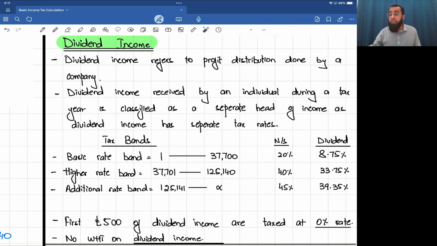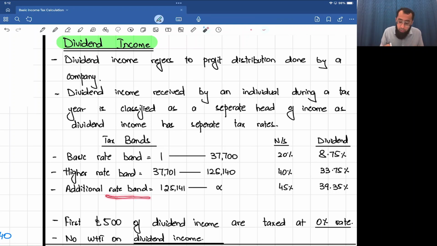Now, when we talk about the tax rates, in the basic rate band, 1 till 37,700, the tax rate of non-saving income is 20%. But for the dividend income, this tax rate is 8.75%, a different and lesser tax rate. Higher rate band, 37,701 to 125,140: non-saving income is taxed at 40%, but dividend income is taxed at 33.75%.